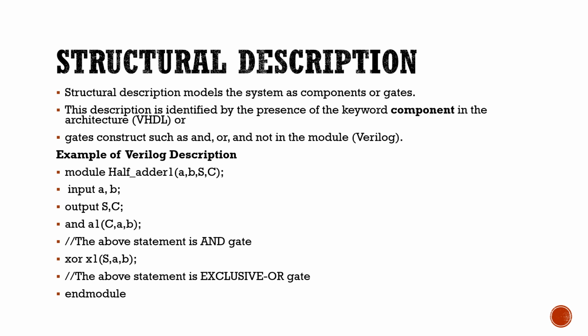Similarly, XOR X1 S comma A comma B. Here S is the output, and A and B are the inputs. This type of description resembles the actual circuit diagram of a half adder. The advantage of this type of description is that it is very close to real hardware and also useful for gate level implementation.